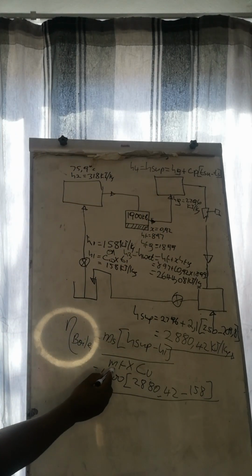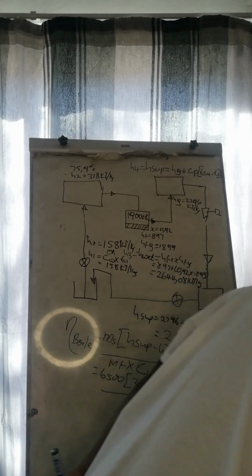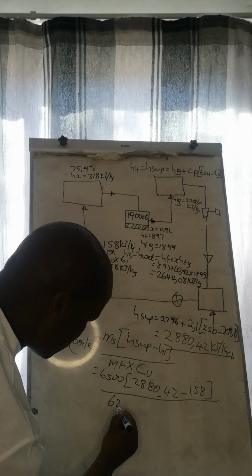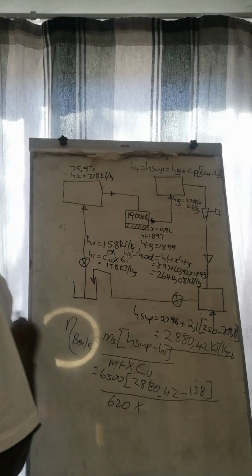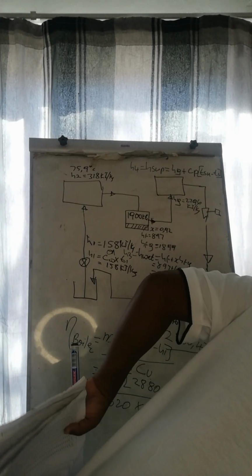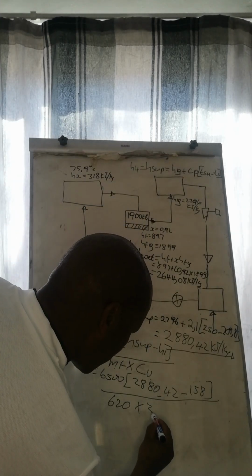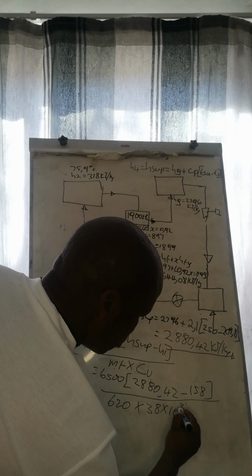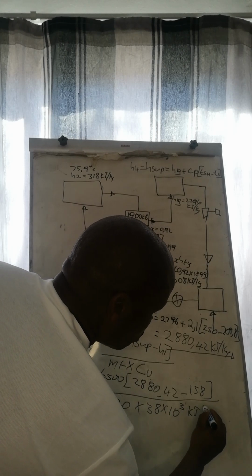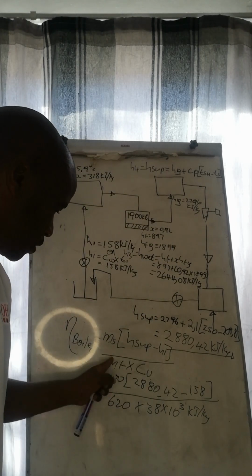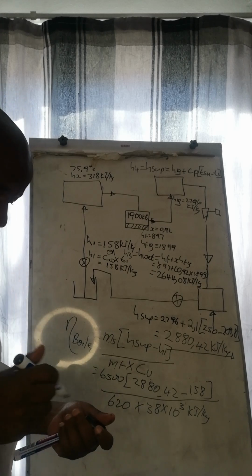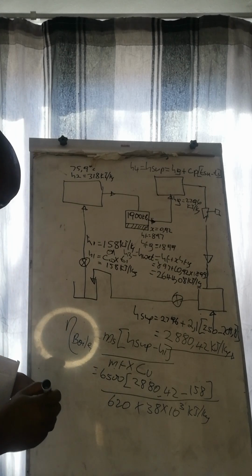It is equal to the mass of fuel, which is 620, multiplied by the heat value of 38 megajoules. So it's 38 multiplied by 10 to the power 3 kilojoules per kilogram. I've converted megajoules to kilojoules so that we can work with the same units.